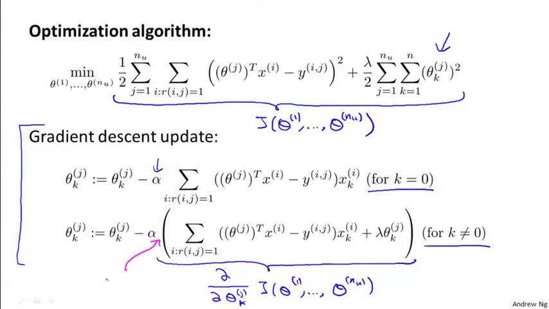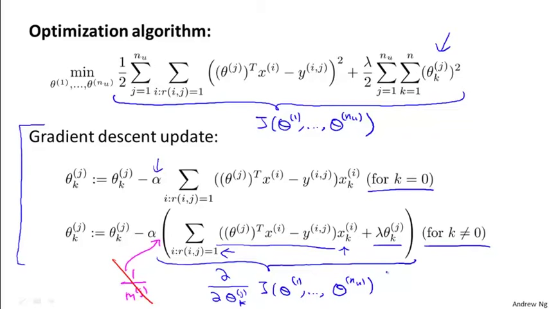The only minor difference is that for linear regression, we had these 1 over m terms. It really would have been 1 over mj, but earlier when we were deriving the optimization objective, we got rid of this. That's why we don't have this 1 over m term. But otherwise, it's really the sum over my training examples of the error times xk, plus the term that the regularization term contributes to the derivative.